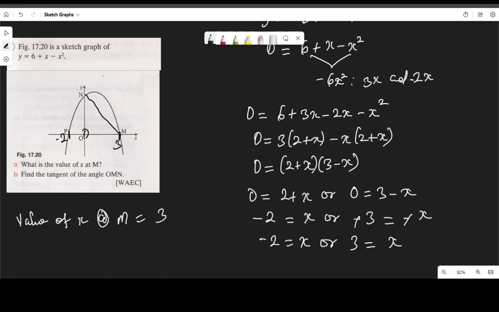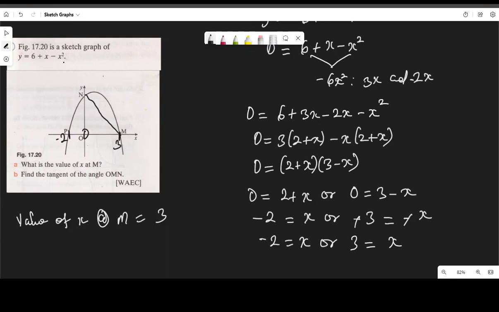And how can we do that? We have known the equation of the curve to be y equals 6 plus x minus x squared. And we said that to find the intercept along the y-axis, we set x to be 0.